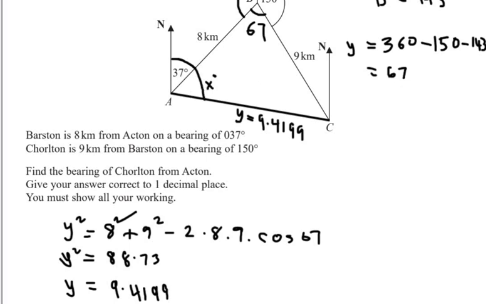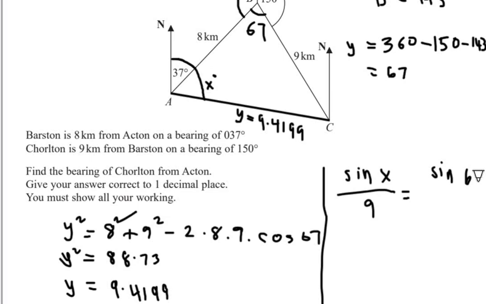And so how about we use the sine rule this time, and then we can figure out x. So sine rule, sine x over 9 will be equal to sine 67 over 9.4199.